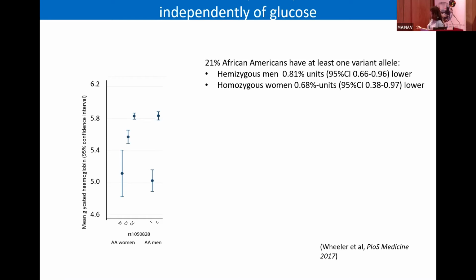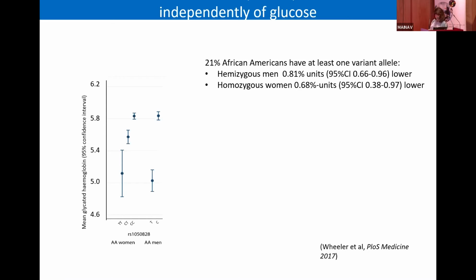And this individual variant alone, we were fortunate to have individuals that had this measure, HbA1c, and also had other measures of glycemia in the same individuals. We were able to demonstrate that even though the individuals that carried this particular variant had very different levels of HbA1c, their glucose was not different, i.e., we're seeing the effect of a genetic variant that lowers HbA1c by quite a large amount, and this lowering is independent of glycemia.